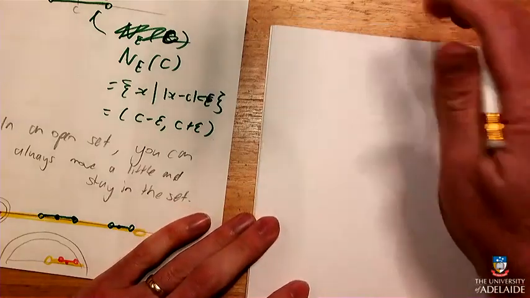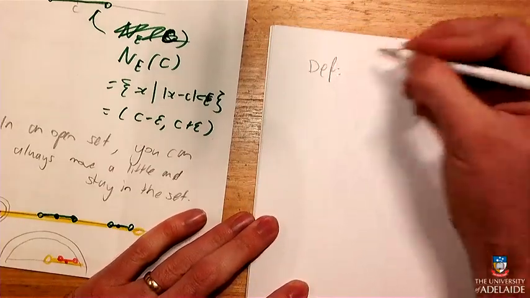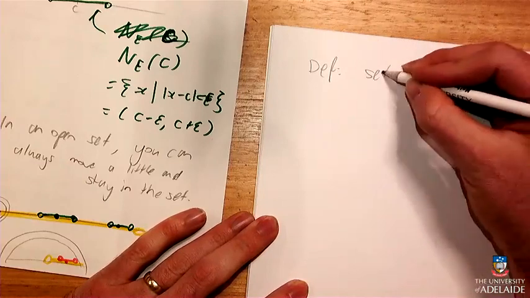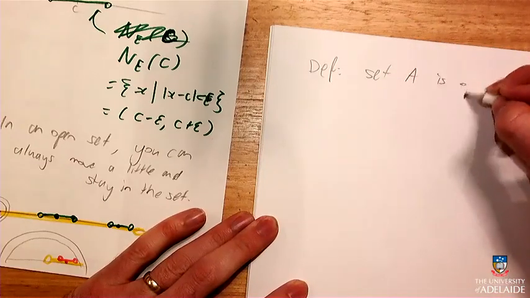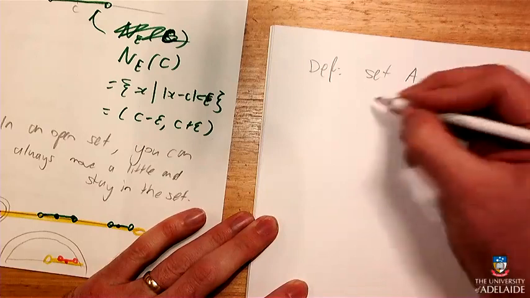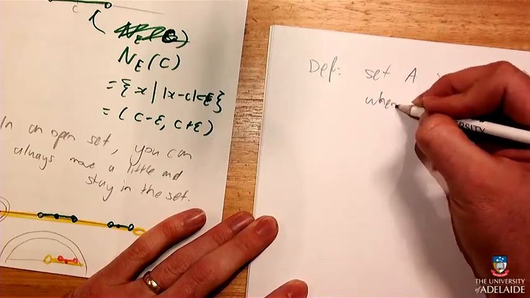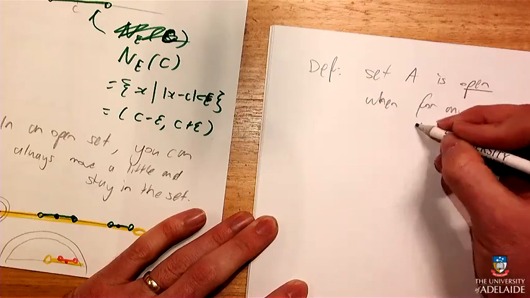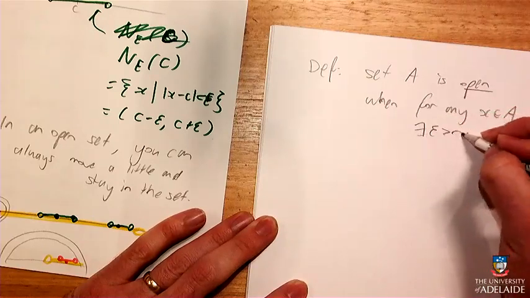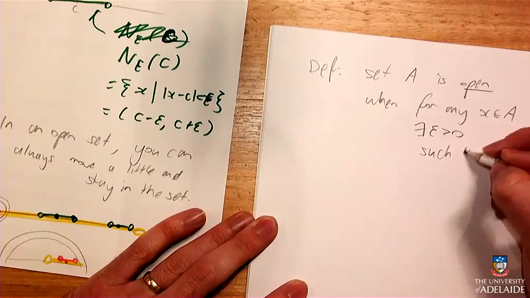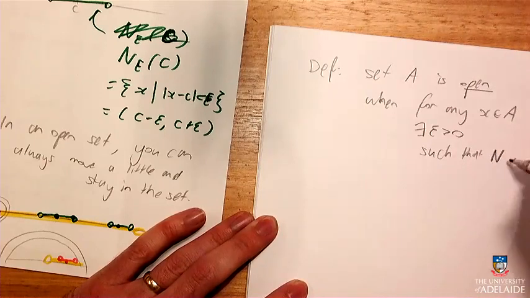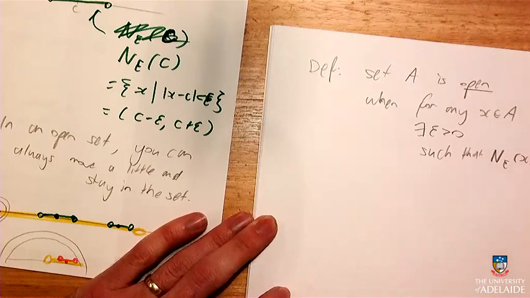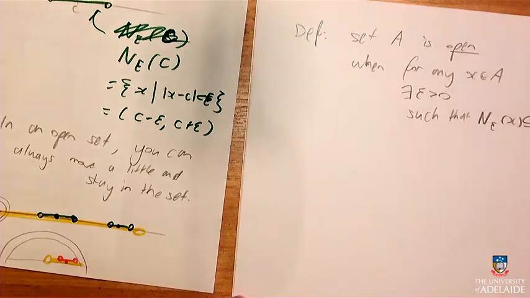So the definition: set A is open when for any x in A there exists an epsilon greater than 0 such that the neighbourhood of radius epsilon around x is completely contained in A. That's the definition.